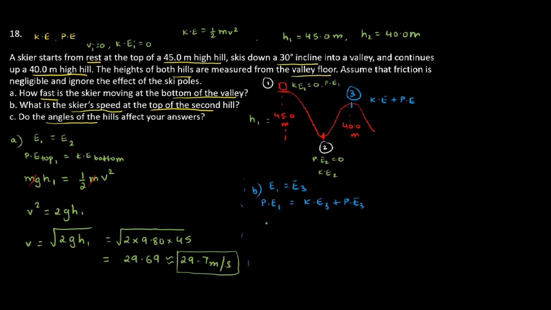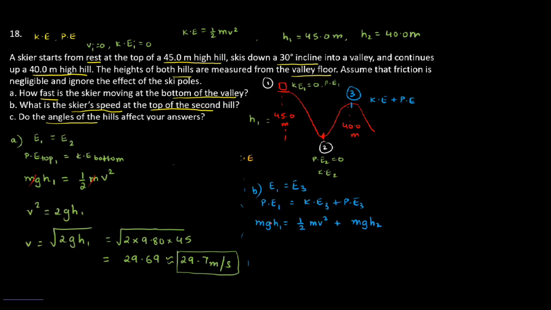So let's substitute. Potential energy at 1 can be written as mgh1. Kinetic energy at 3 will be half mv squared. Potential energy will be mg, but this is the height of the second hill, so I will write h2. Now we have to rearrange the terms to solve for v.